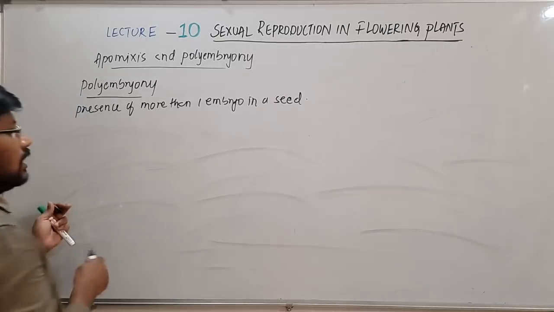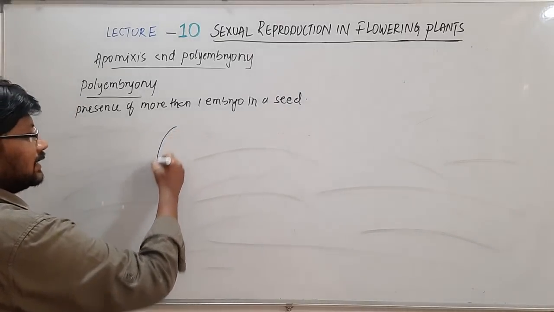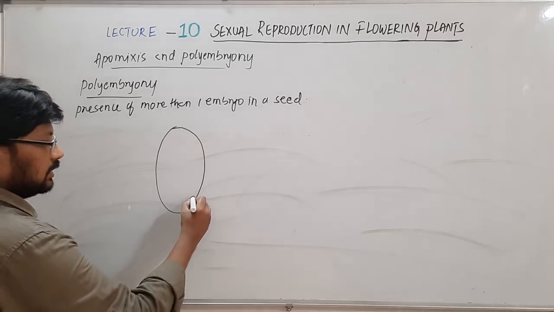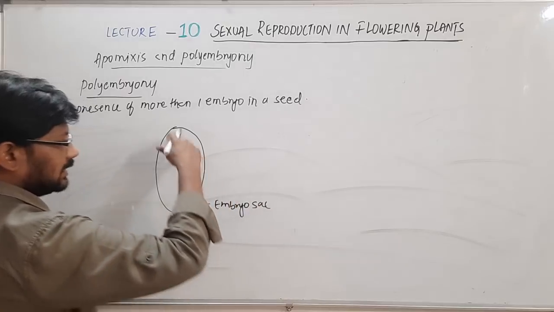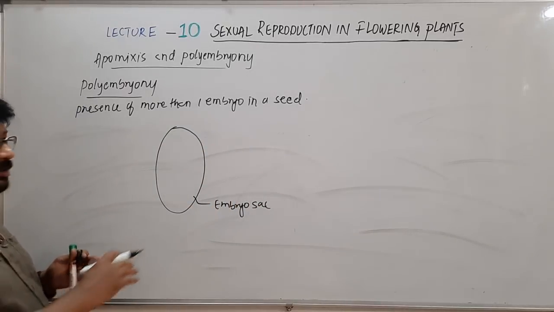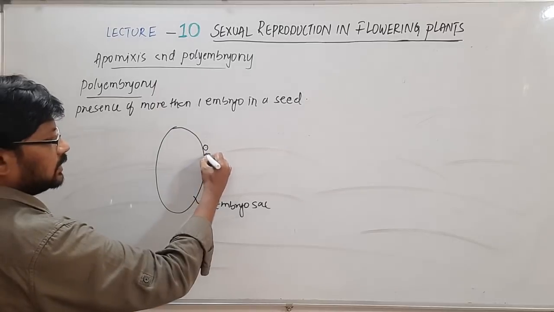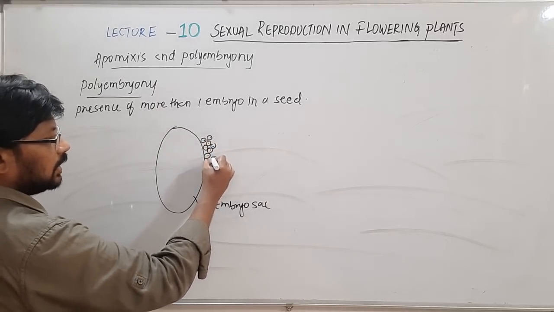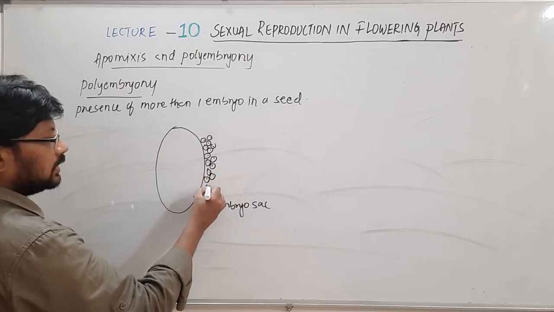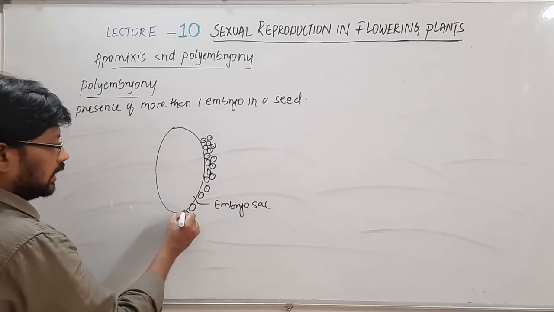Now let's see how this arises. We know this is the embryo sac, embedded in the nucellar tissue, so the nucellar tissue surrounds the embryo sac. These are all the cells of the nucellus.